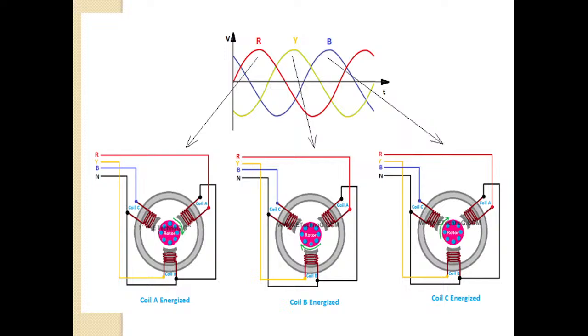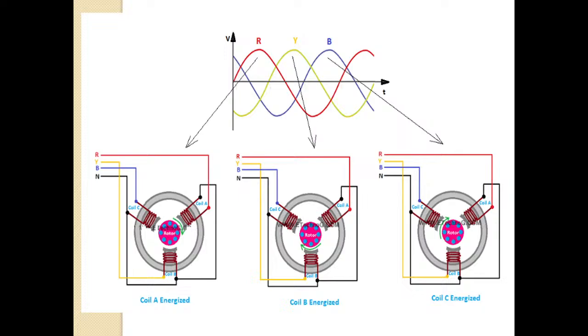Similarly here, when current flows to the stator windings, flux is produced. That flux is known as the rotating magnetic field. Once it is produced by the stator windings, electromagnetic induction happens between the stator and rotor.